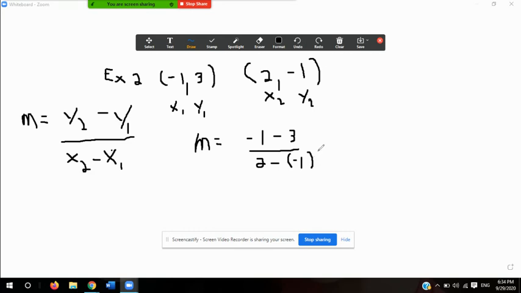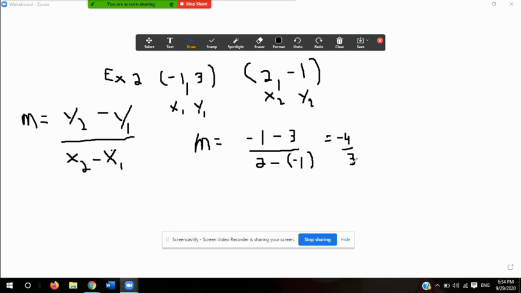So -1 minus 3 is -4, and 2 minus -1 is +3. So -4/3 would be the slope.